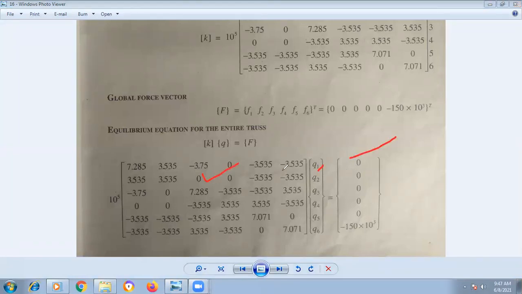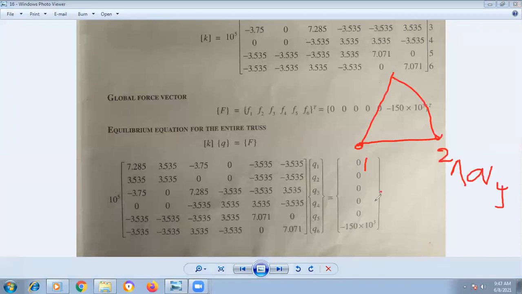So once you write this, what do you have? It is the boundary condition. I told you. What is the boundary condition given? Node 1 is fixed. Node 2 is fixed only in the vertical direction, right? Therefore, Q1, Q2, Q4 are equal to 0. Q3 is present. Q5, Q6 are present.